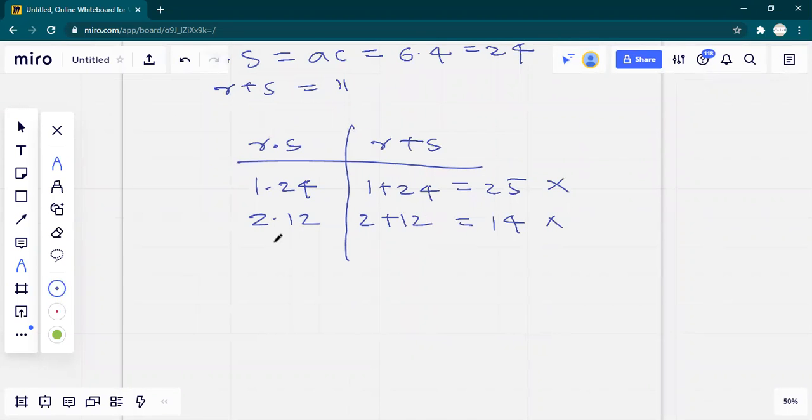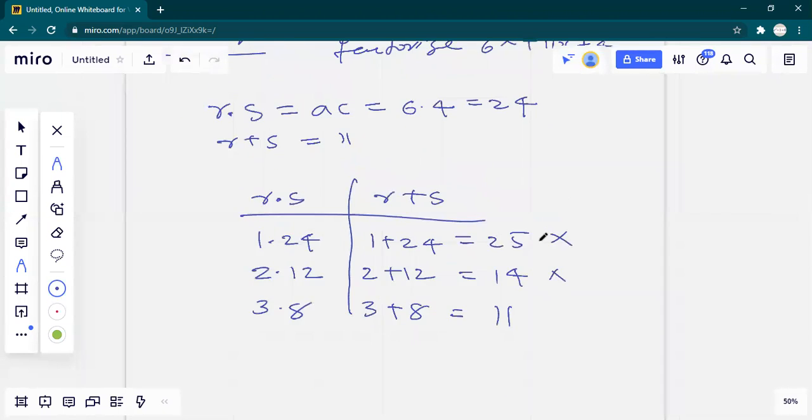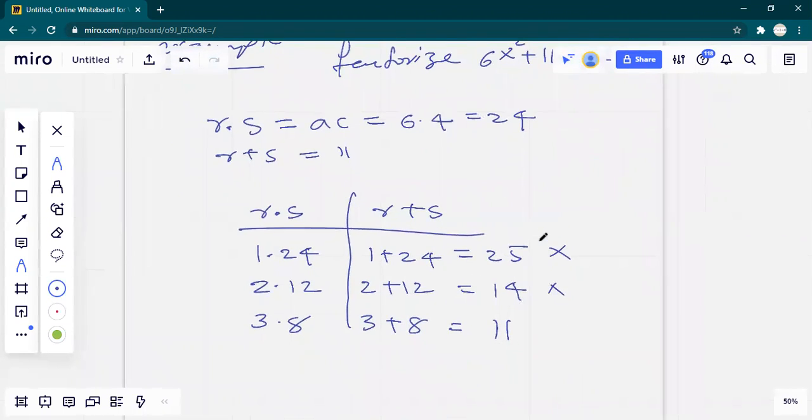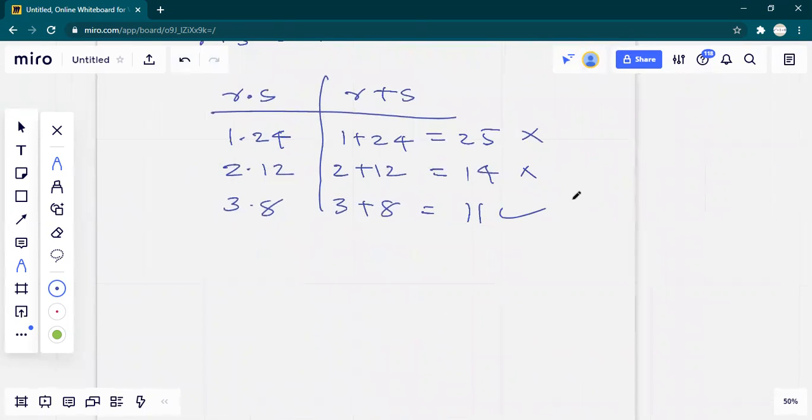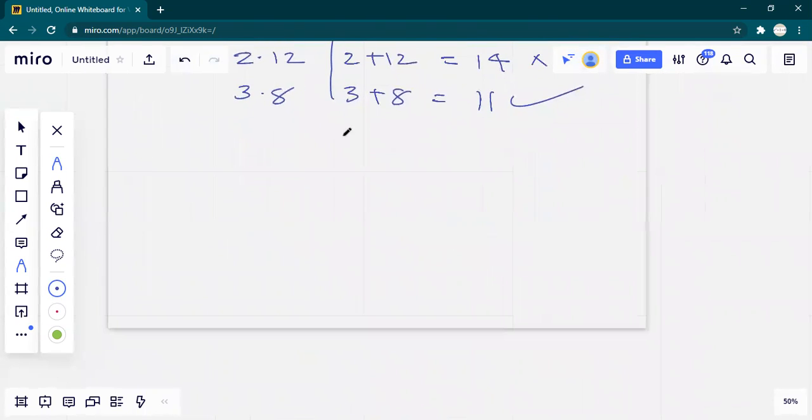Next factorization is 3 times 8, and what is 3 plus 8? That's equal to 11. What is the middle coefficient? Yeah, that's correct, 11. It works.